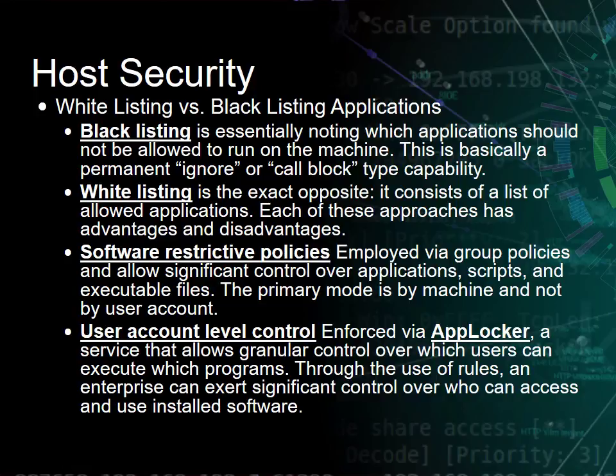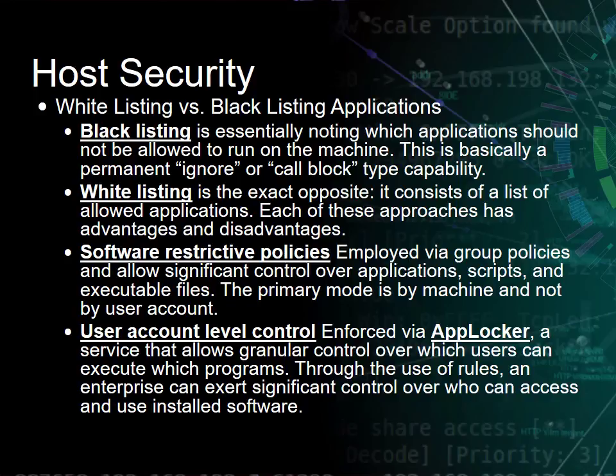Then there are software restriction policies employed via group policies, which allow significant control over applications, scripts, and executable files. The primary mode is by machine and not by user account. And software restriction policies can help enhance the whitelisting by enabling what certain applications can and can't do.